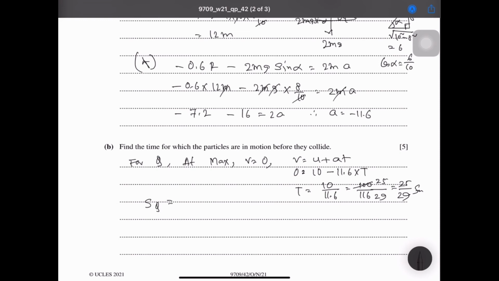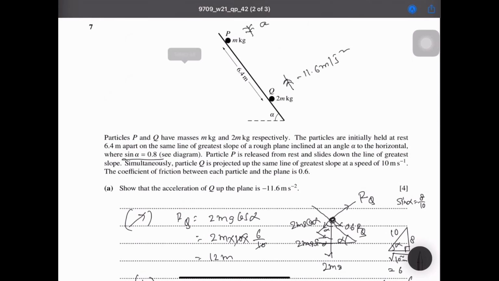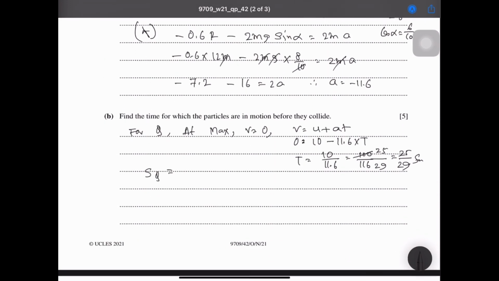Q is the particle that is going up, so let me find out that.